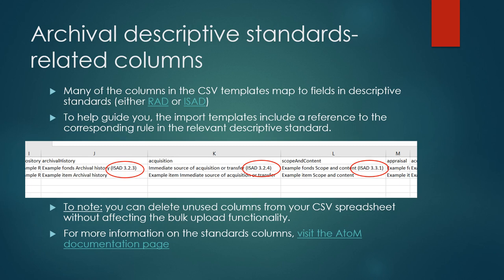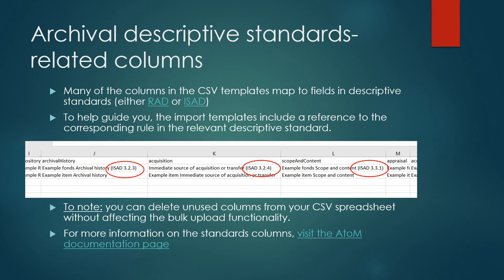So for instance, if you're not quite sure what should go in archival history, you can go to ISAD article 3.2.3 and then look at what their guidelines are, and then either fill it out properly or make a decision that maybe that's not a field that you need to fill out.